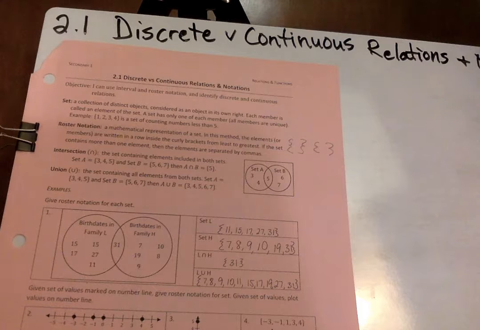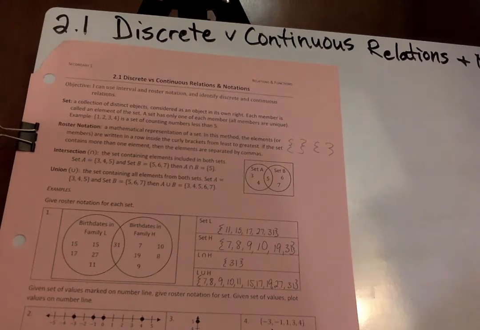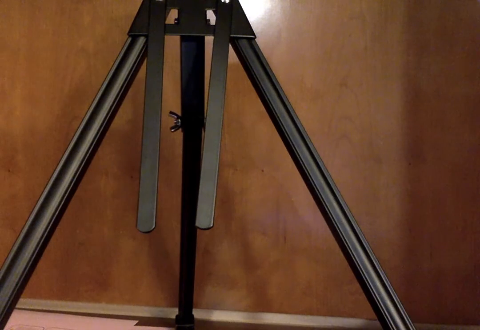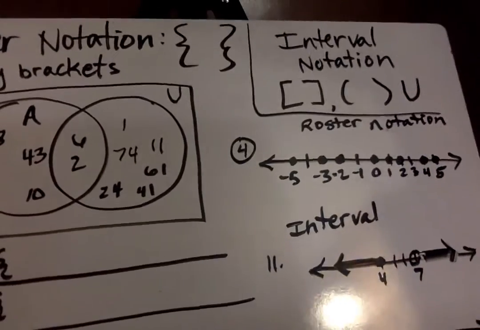the other packet, and we'll talk about discrete and continuous a little bit later. So here we're moving on to page 23.